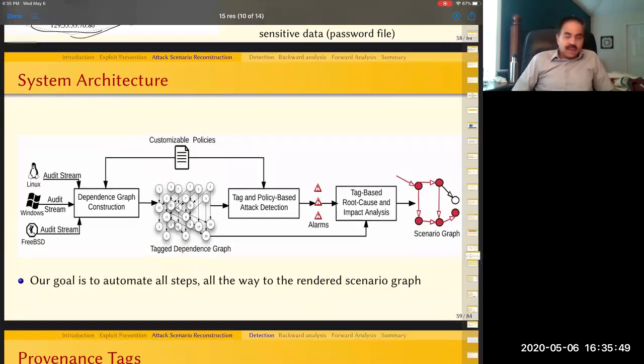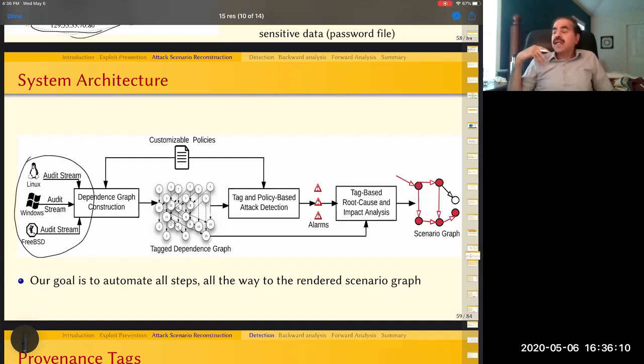So this is sort of the system that we have. We have these event streams coming in, and from the event stream we construct a dependence graph. The dependence graph basically captures the dependencies in the system.